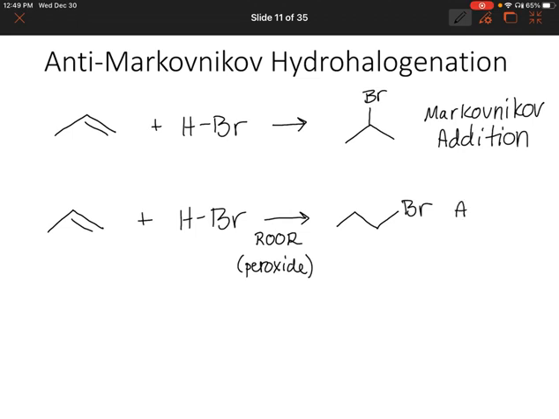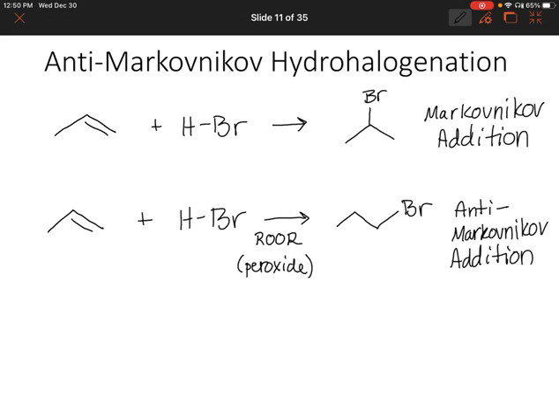So again, this will be anti-Markovnikov addition. So all you have to do is just add a peroxide. Now, you don't have to know the specific mechanism for anti-Markovnikov addition because it does involve radicals.